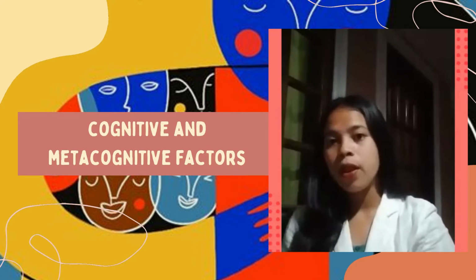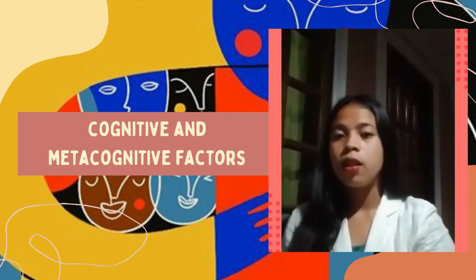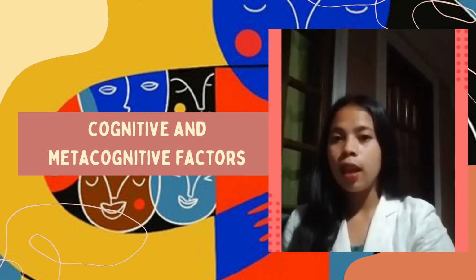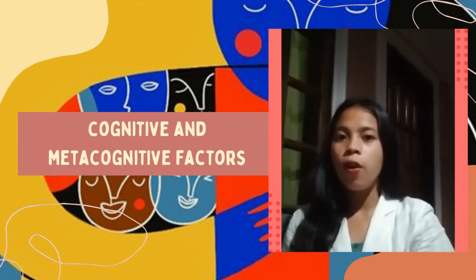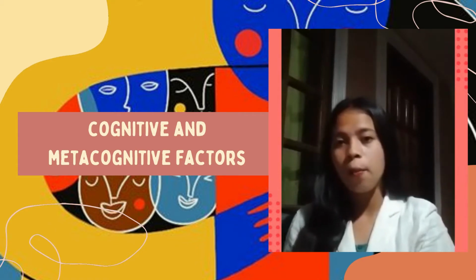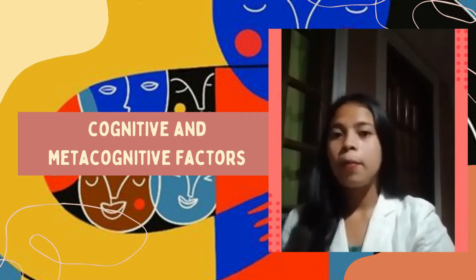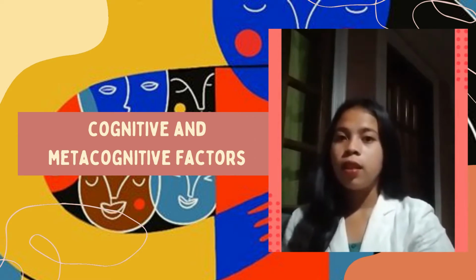Principle number 4, strategic thinking. The successful learner can create and use a repertoire of thinking and reasoning strategies to achieve complex learning goals. Number 5, thinking about thinking.